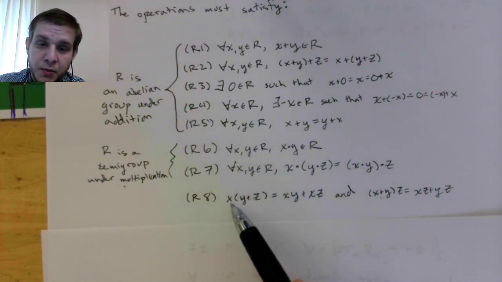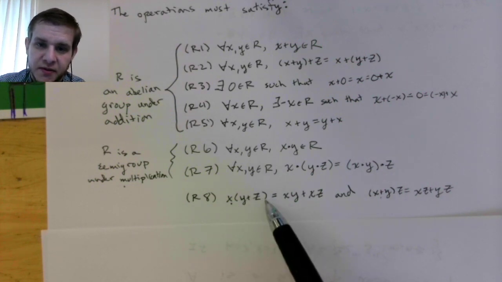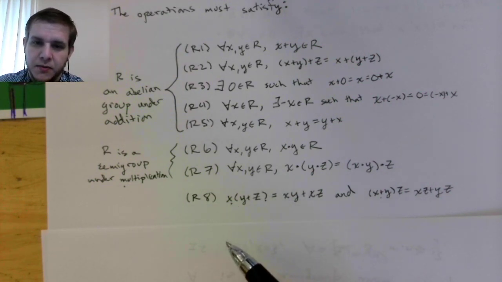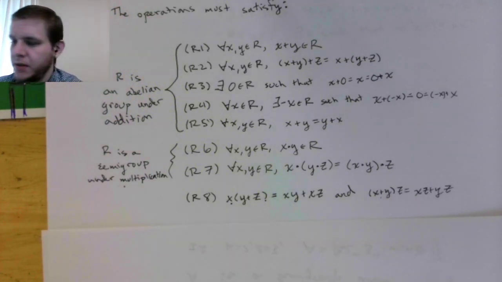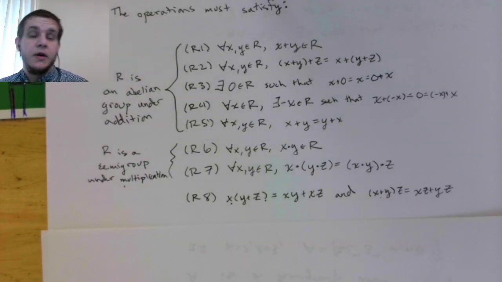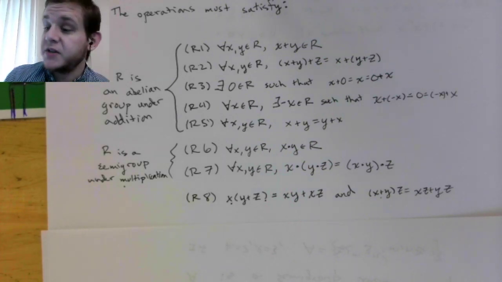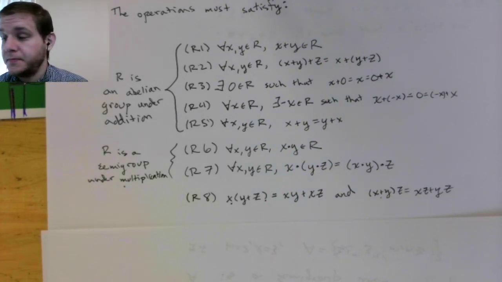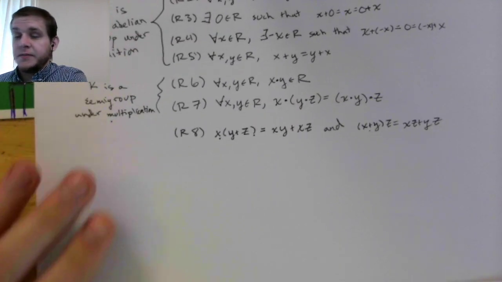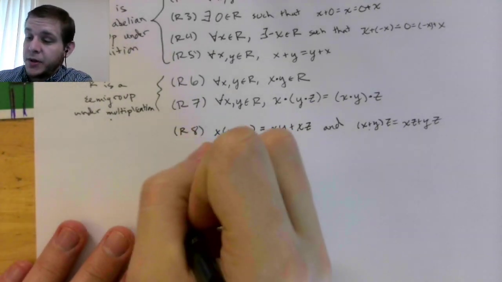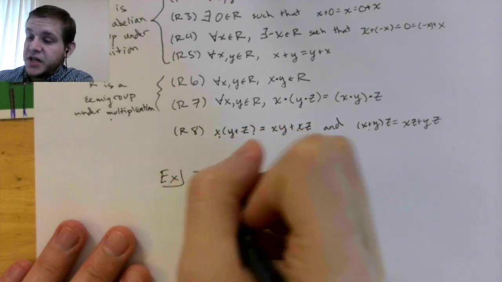So I may not be able to move this x to the other side of this parentheses. So I need to list both of these properties to be able to use both of them. So these are the axioms of a ring. And what are some examples of rings? Well, Z is a ring.